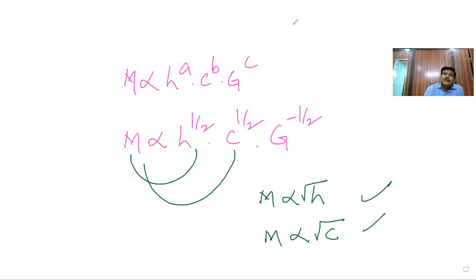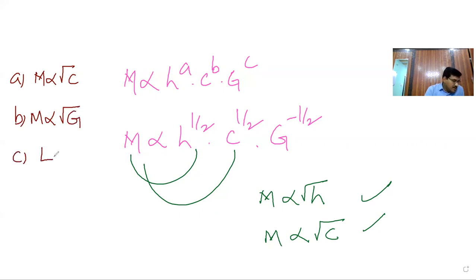Now, what are the options provided to you? Option A is M is directly proportional to under root C. B is M is directly proportional to under root G. C is L is directly proportional to under root H. D is L is directly proportional to under root H. Now, observe carefully which are correct.